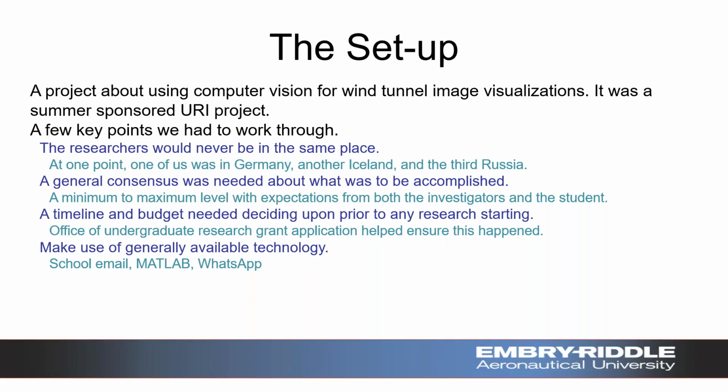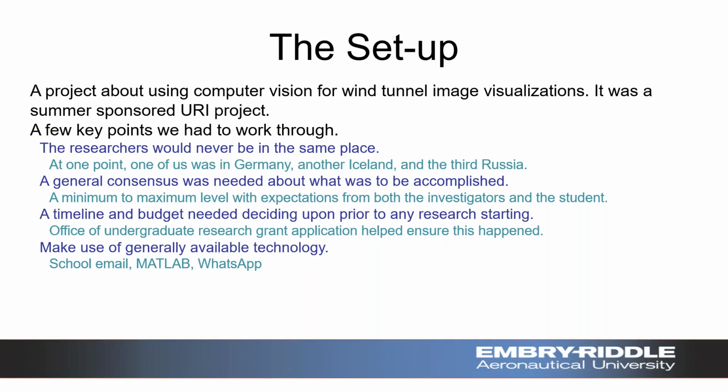So before we even started, we had to make sure that we had a really good idea of what it is that we want to accomplish, what our minimum and maximum level of acceptable research output would be, which is always much less than what you think, especially with an undergraduate student.